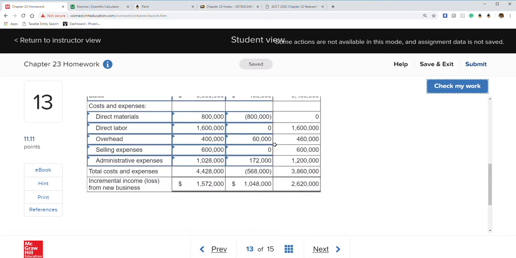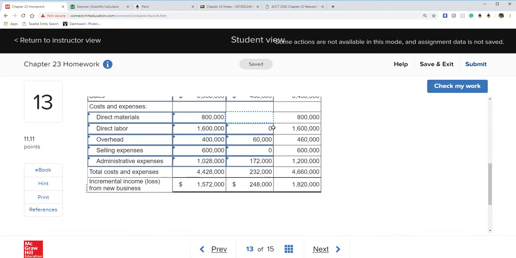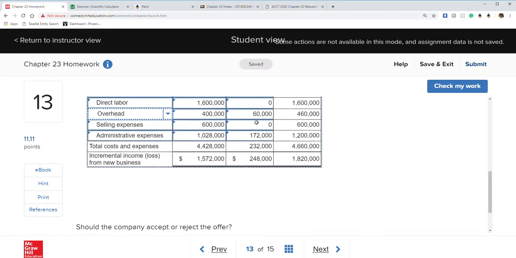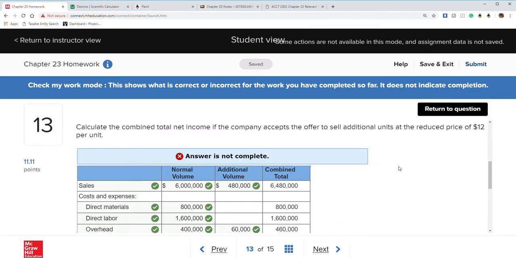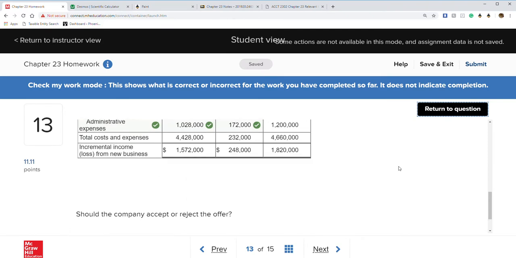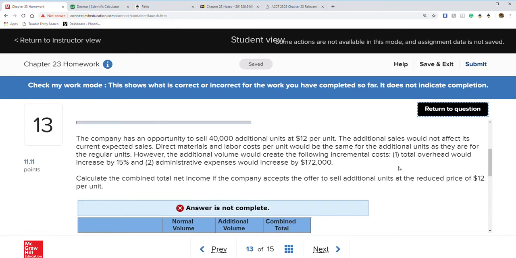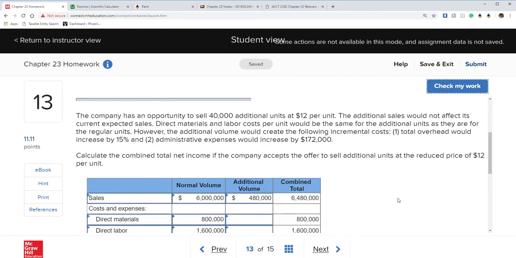I'm trying to figure out. Maybe they only want 0 for that one. Because again, Connect is being funky here. So they want something for right there, but they're not giving us anything to go by.